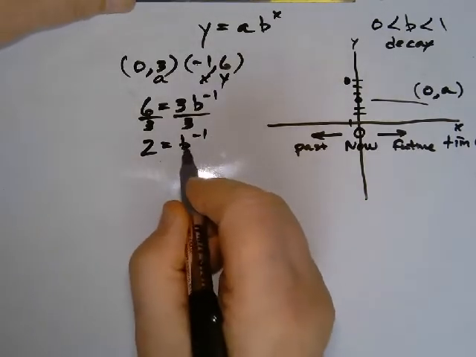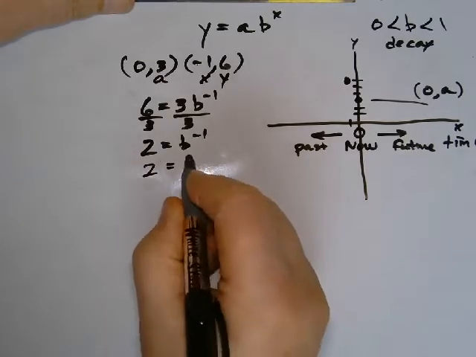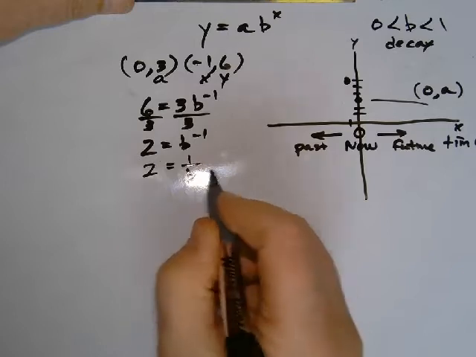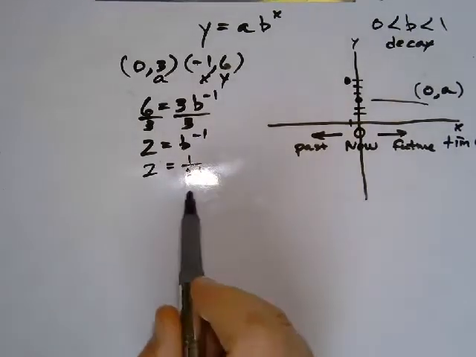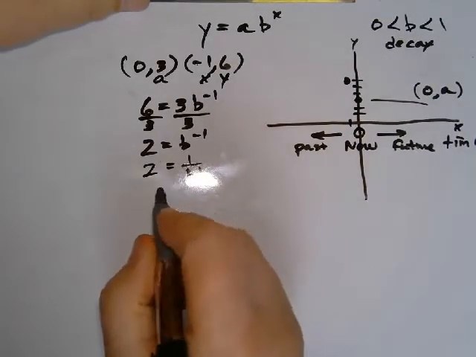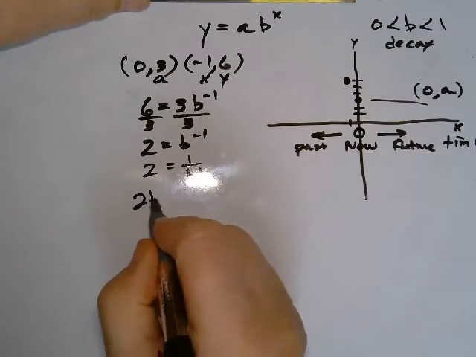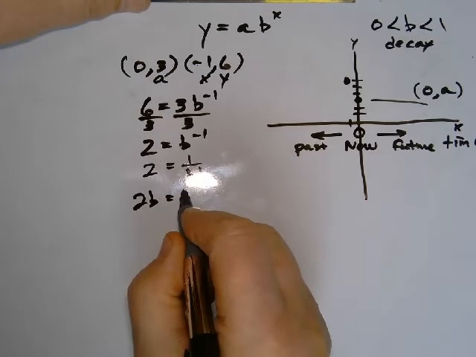Well, we need to get b alone, but it's not. So let's change this by knowing that negative exponents cause me to flip it over, reciprocal, and raise it to the 1 power. Now to get b up here on the top where it belongs, we're going to need to cross multiply. So 2 times b is 2b, and 1 times 1 is 1.